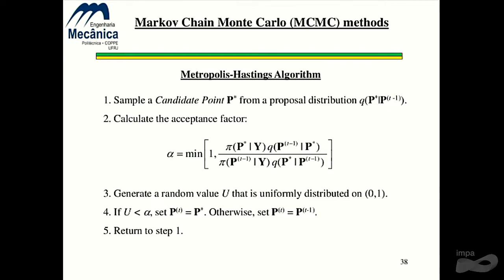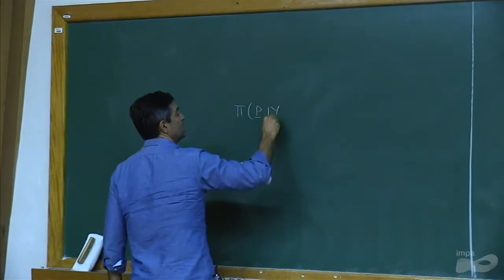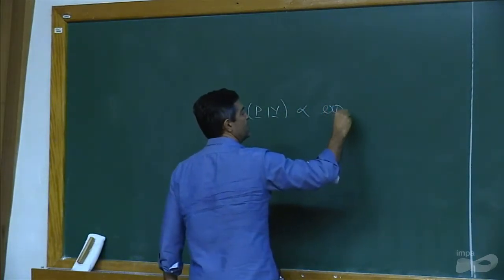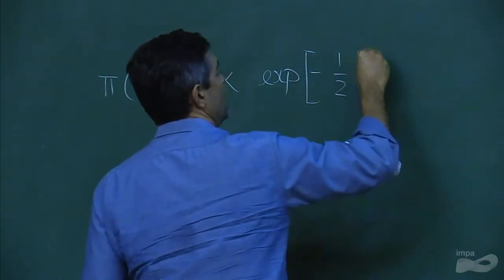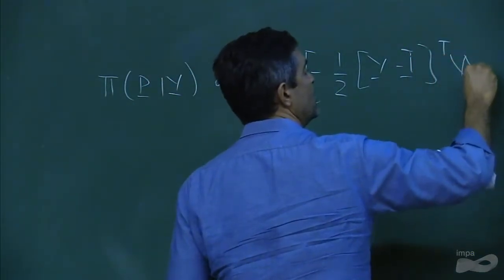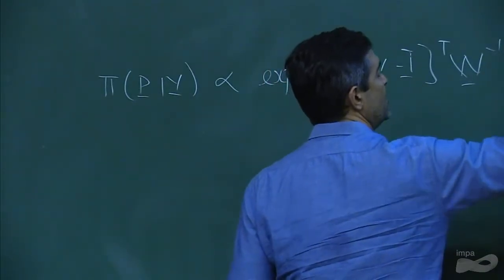So we have the posterior, which is proportional to the exponential of minus 1/2 (y minus t) transpose W minus 1 (y minus t).